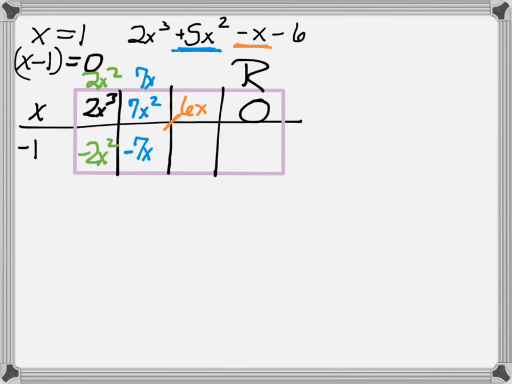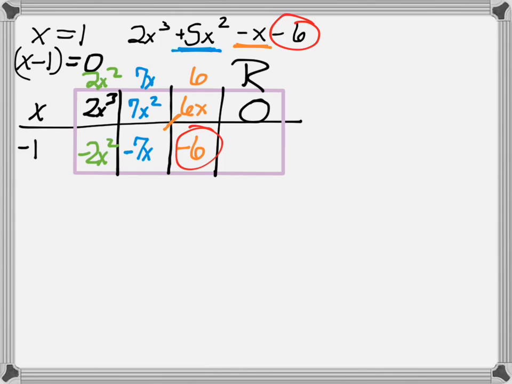So 6x divided by x is 6, times the negative 1. That matches the last number, so that means that we did it correctly.